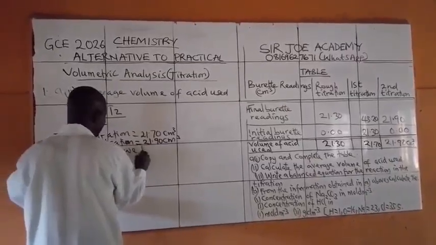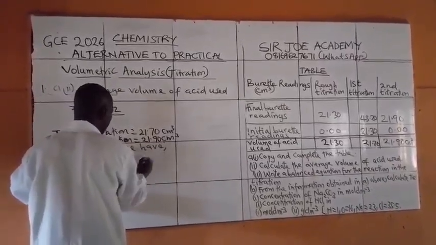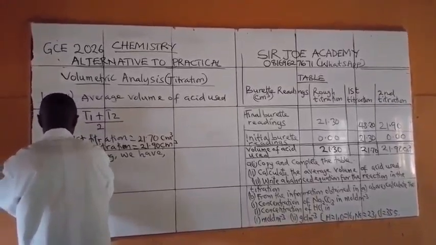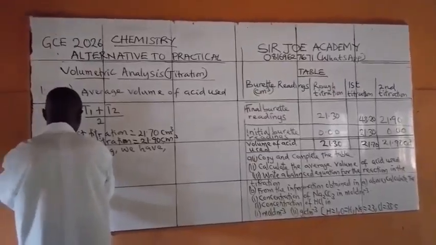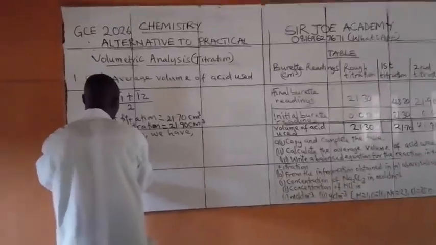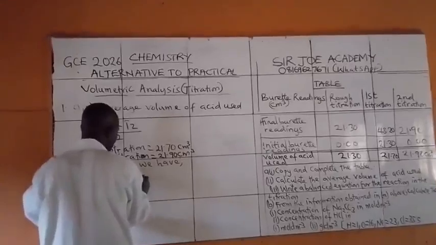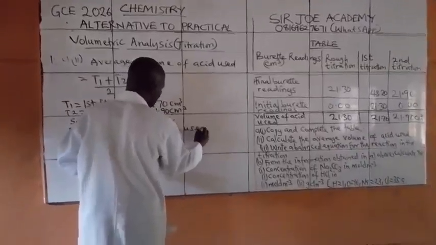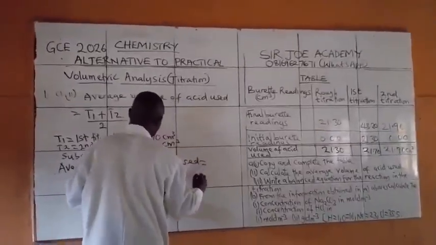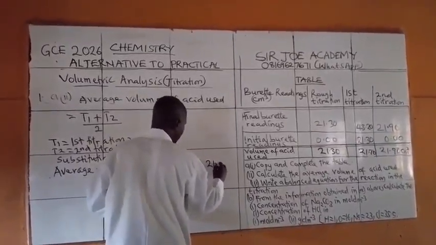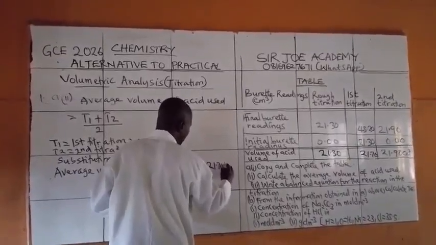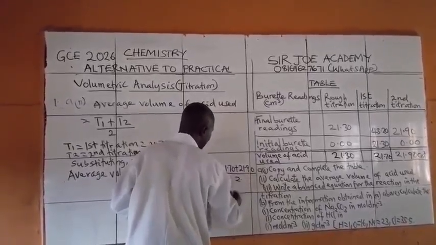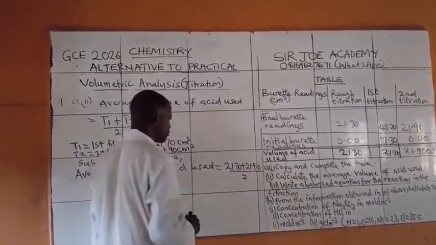we have average volume of acid used is equal to 21.70 plus 21.90 divided by 2.